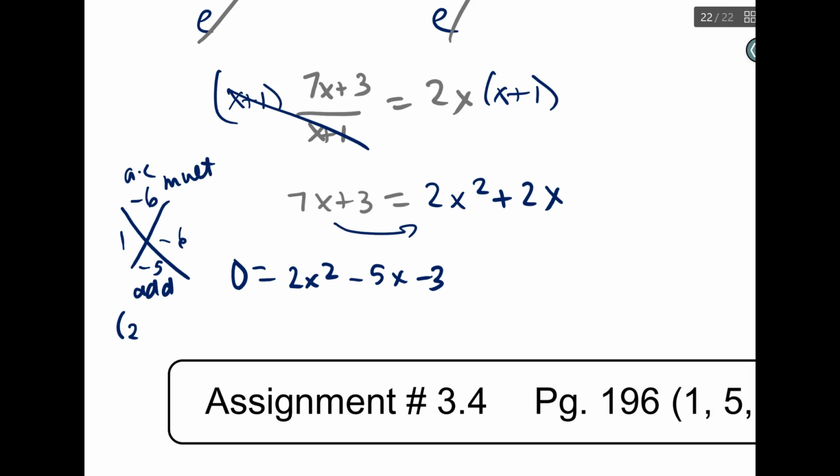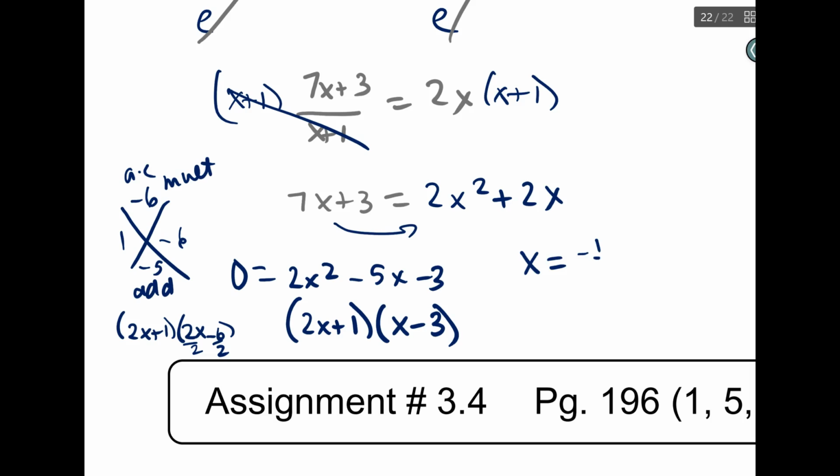So this will go to (2x plus 1) times (2x minus 6), divide each of these by 2. I see my factors are (2x plus 1) times (x minus 3). If I FOIL this out, that's 2x squared, negative 6x, plus 1x, and negative 3. Okay, so that works. So I see that my solutions are x equals negative 1/2 and x equals 3.